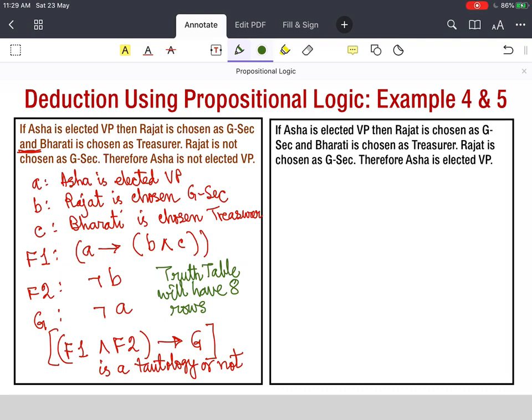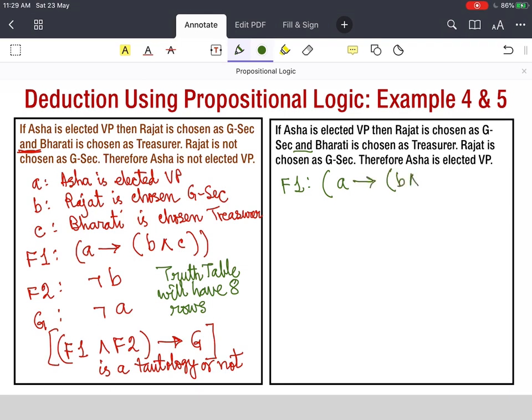Let us go to the second one, which is very similar. In the second one, if Asha is elected VP, then Rajat is chosen as GSEC and Bharati is chosen as treasurer. This part is the same. Rajat is chosen as GSEC. This is different. Therefore, Asha is elected VP, which is different. So our variables are all the same.